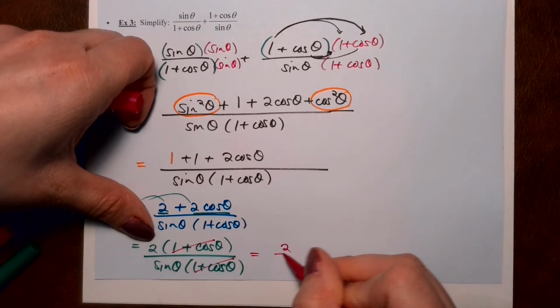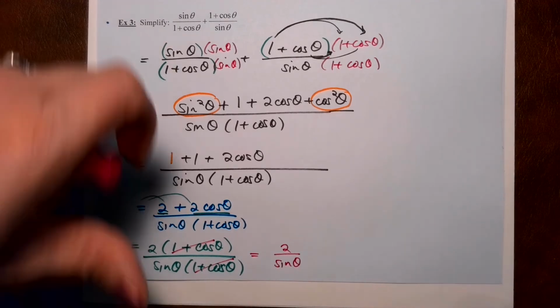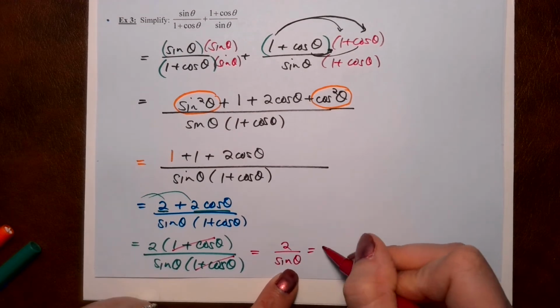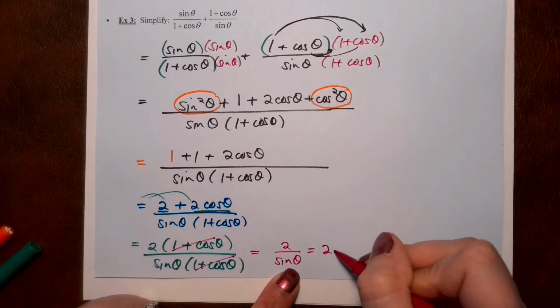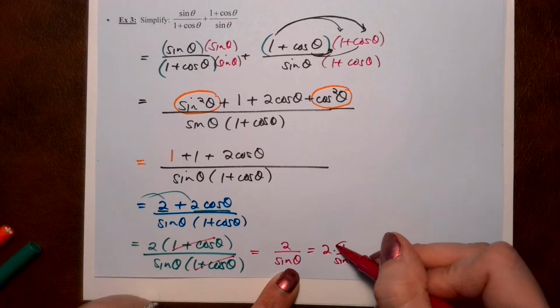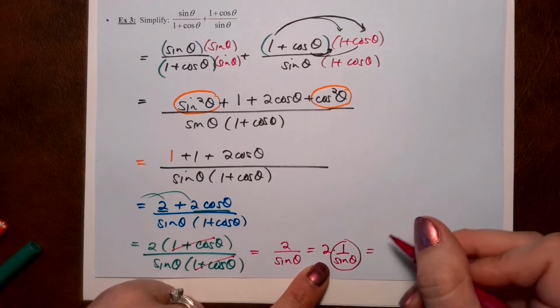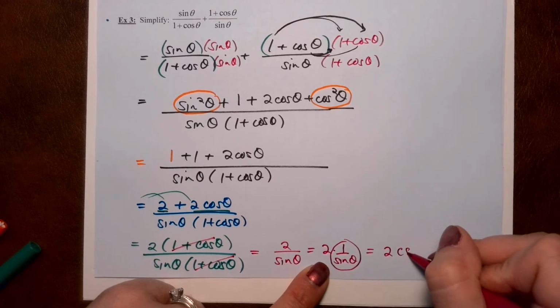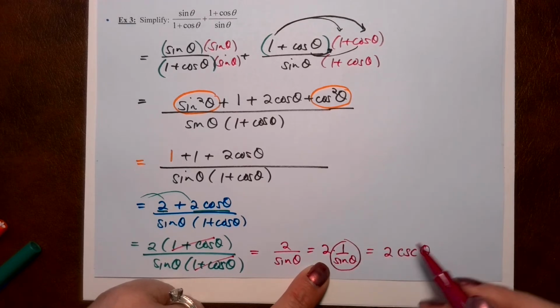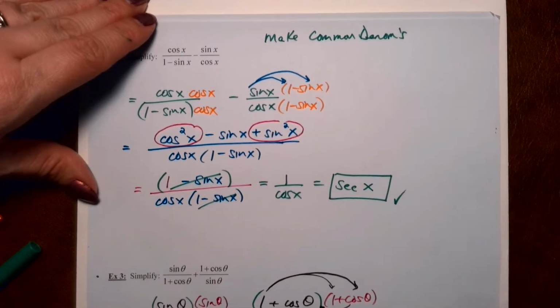We have 2 over the sine of theta. In fact, I'm going to write this as 2 times 1 over sine of theta. Okay, 1 over sine of theta can be written using the reciprocal identities as cosecant of theta. Look how small that got. Okay, let's keep going.